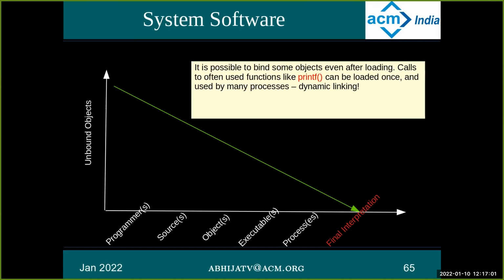What is the real idea? The idea is that functions like printf are going to be used by so many processes that it's probably worth having one copy in the memory, and every time a process wants to use it, it is directed to this copy. This is called dynamic linking.